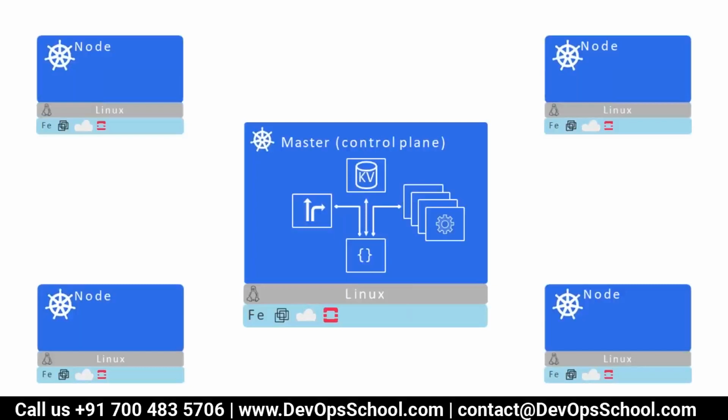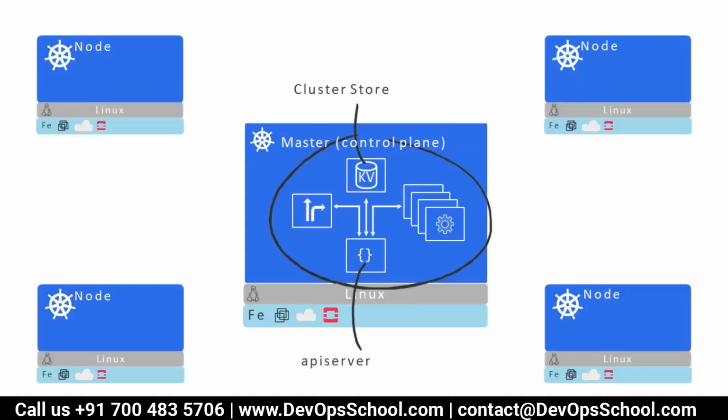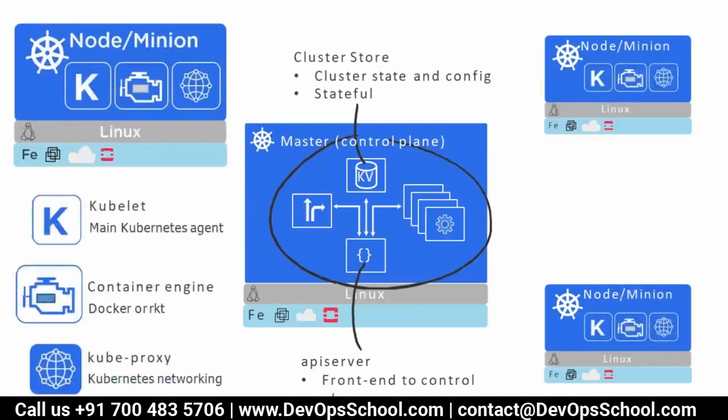So let's summarize the discussion here. We discussed the Kubernetes cluster, master, node, and how the master manages the nodes. Multiple masters are possible. An HA master has 4 important components: cluster store, API server, scheduler, and so on. A node has kubelet, container engine, and kube proxy.